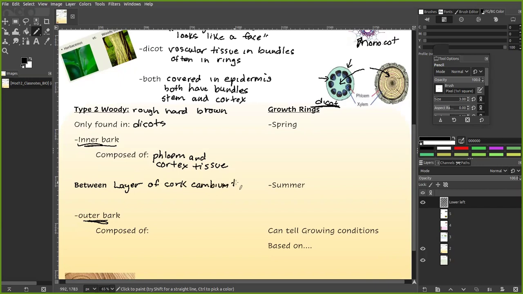And that's a tissue. And this produces cork cells. Okay, produces cork cells, and then what happens to the cork cells? They quickly die.